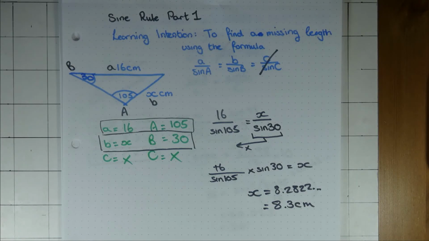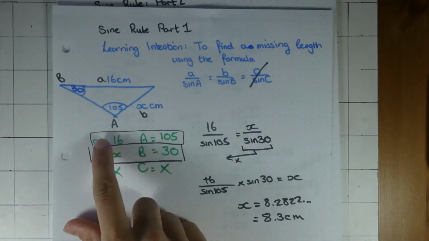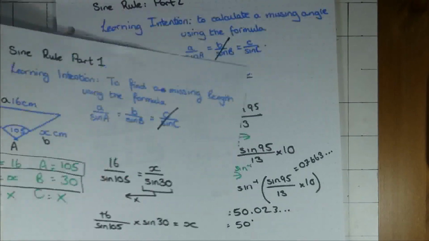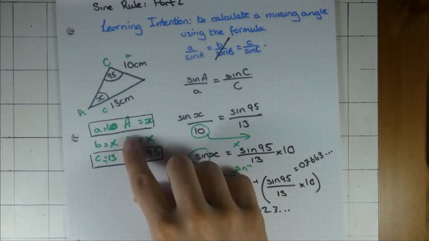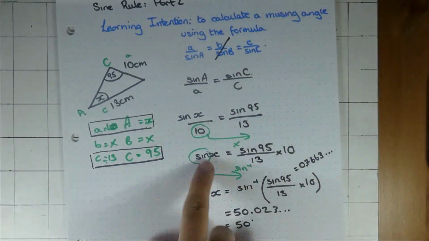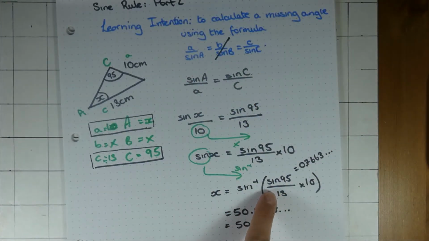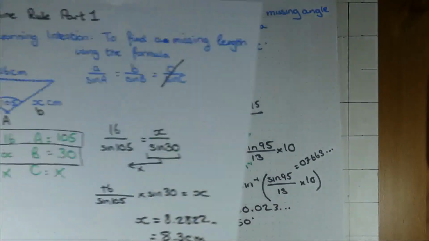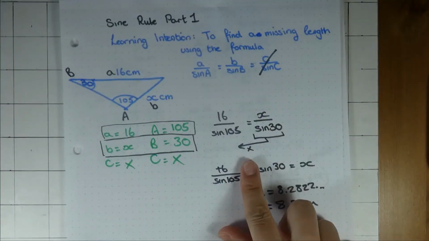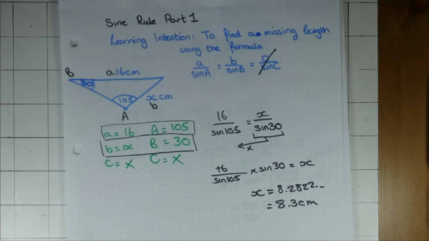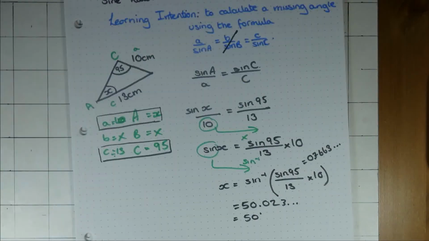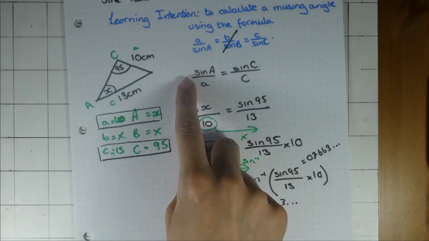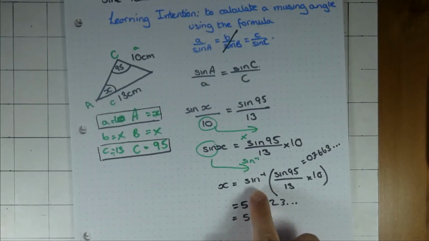If you're looking for an angle, you make sure that's the angle called A. You make your list, you find which 2 sets you're using. Here, we just need to flip our equation, substitute, rearrange, put it in the calculator, solve. Substitute, rearrange, put it in the calculator and solve. The steps are similar. You just need to do a couple of little tricks in here, such as flipping the equation and using sine inverse.